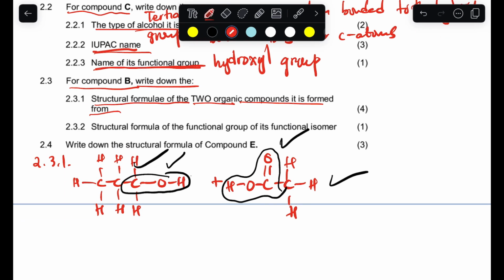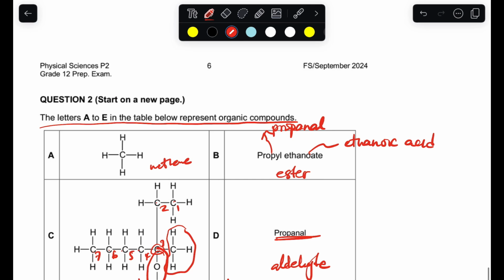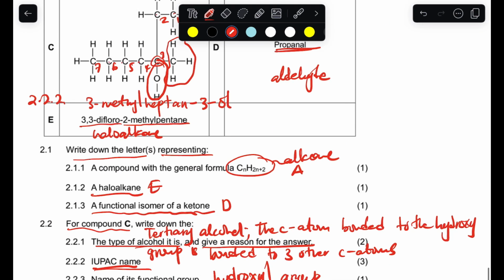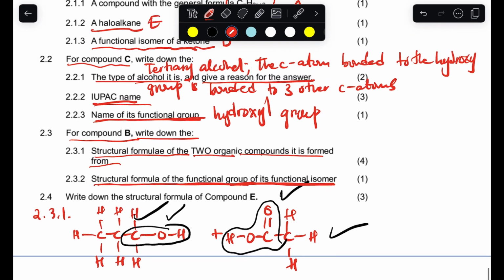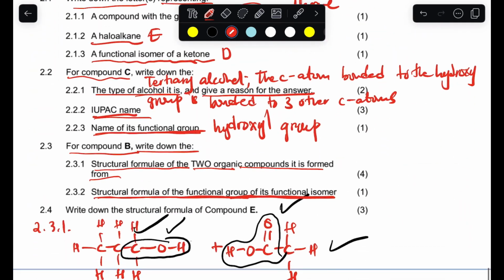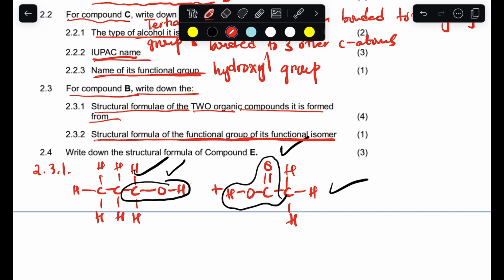Okay, now it says structural formula for the functional group of its functional isomer. So the functional isomer of an ester, it's a what? It's a carboxylic acid. So they wanted the functional structure. It says structural formula for a functional group of its functional isomer. So you're just going to draw here. Let me just answer it here.